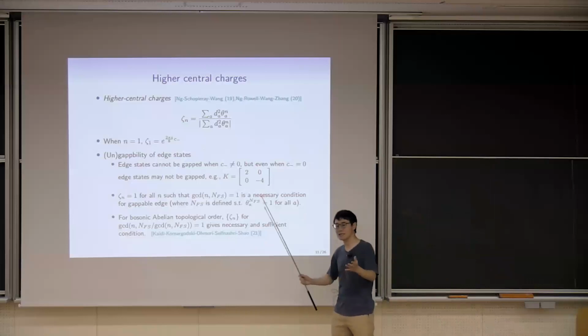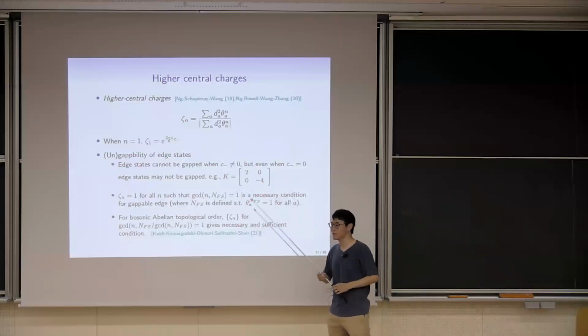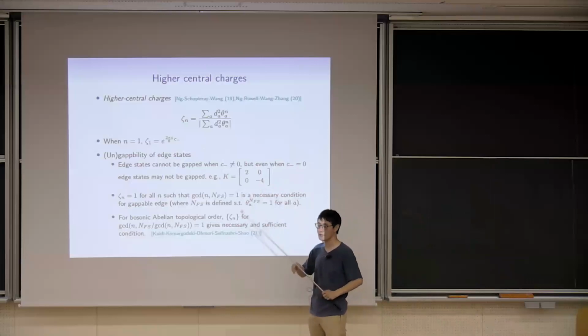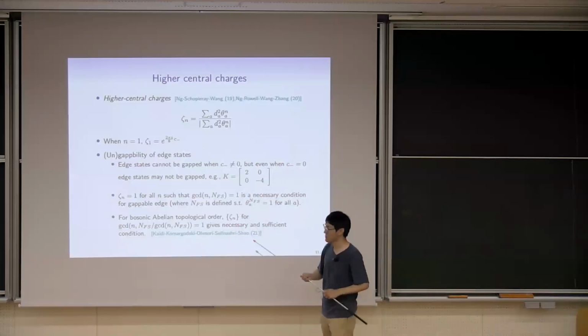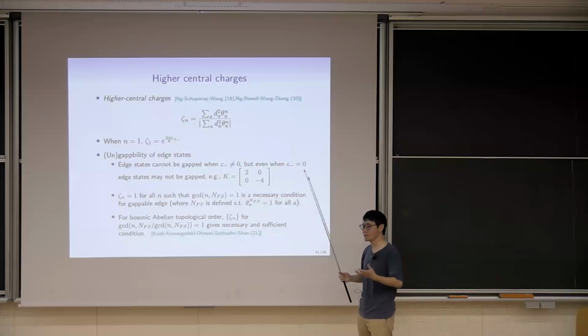So in such a case, you cannot gap your edge state. Because thermal transport is related to the chirally propagating edge state, non-vanishing thermal conductivity already tells you the ungappability of the edge state.